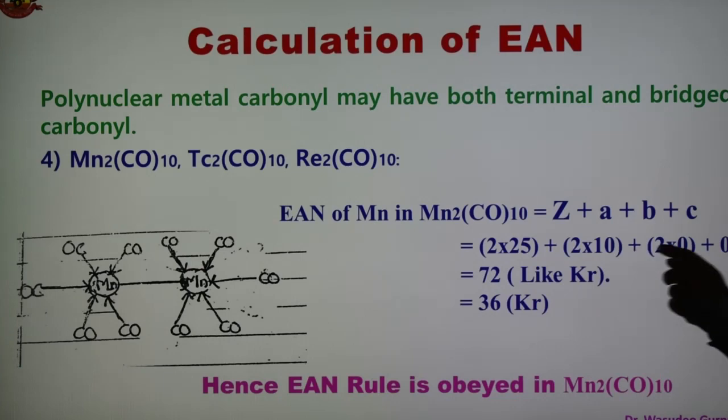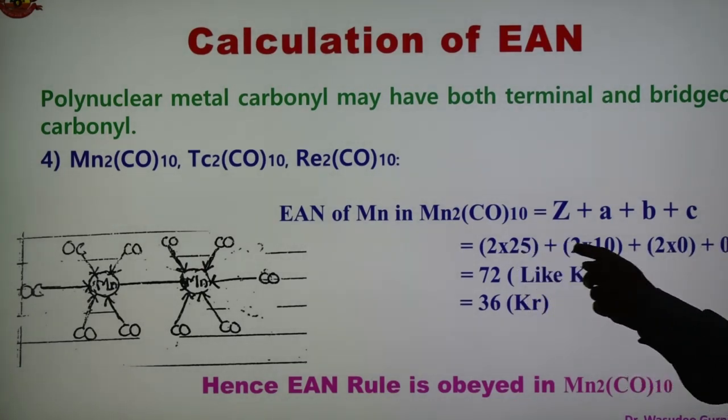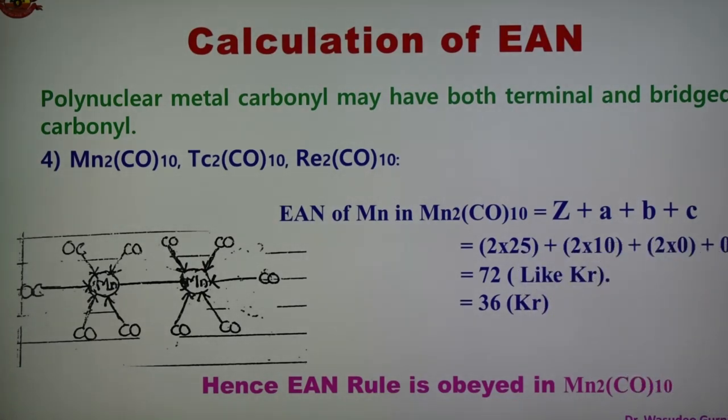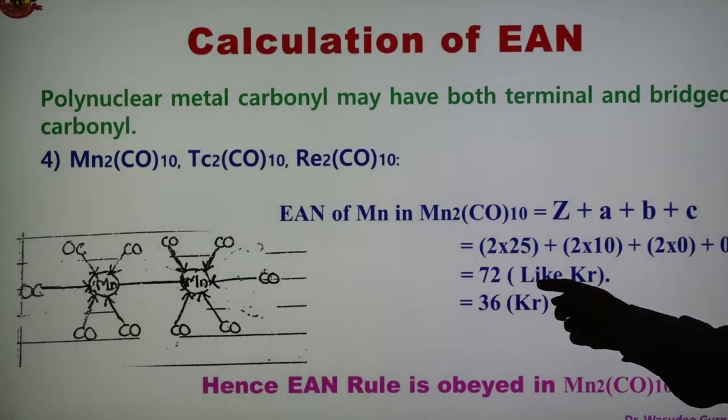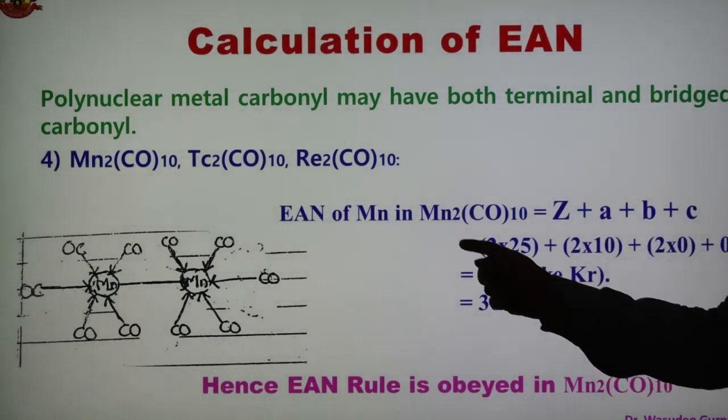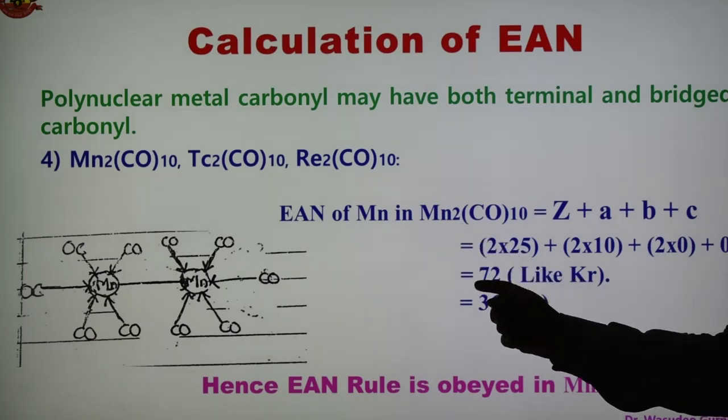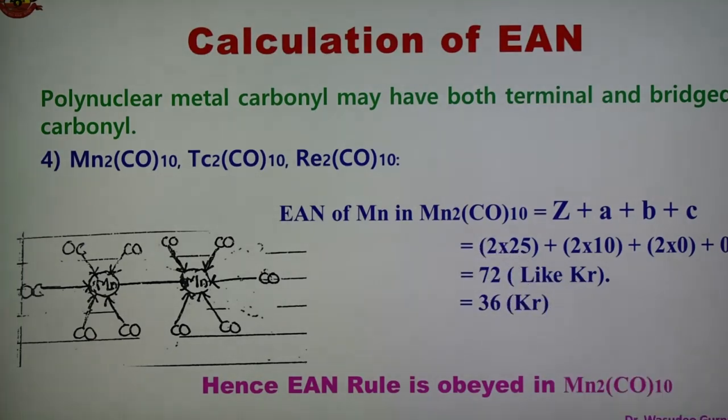The total is 50, 20 makes 70, and this 2, 72. Now this total 72 is divided by 2 because 2 metals are there. So 72 divided by 2 is 36, again the atomic number of krypton, and therefore the EAN rule is obeyed in Mn2CO10. This is the fourth example of the calculation of EAN in metal carbonyls.